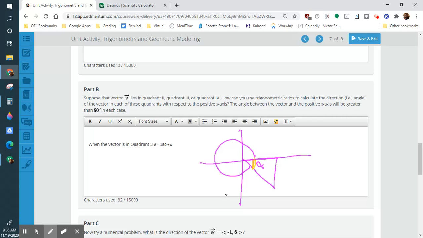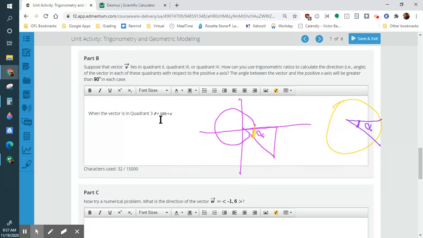That kind of looks like a circle, and a circle has 360 degrees. So I want my entire circle, but I don't want this alpha. So when it's in quadrant 4, I'm going to do 360 minus that alpha. Instead of 180 minus alpha like in Q2, or adding alpha, in this case we're talking about 360.